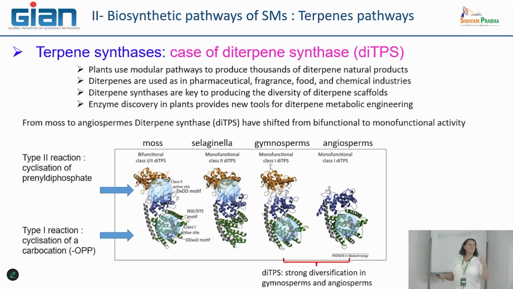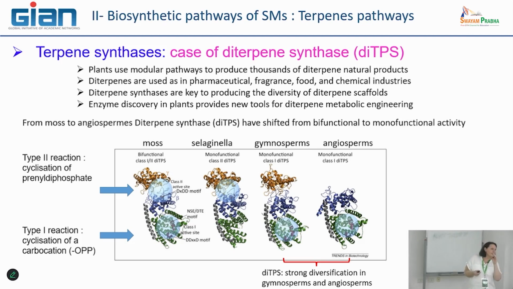It is what we call a bifunctional enzyme. And what is observed is that, in fact, in angiosperm, this first activity is completely lost. It means that the diterpene synthase becomes more specific.